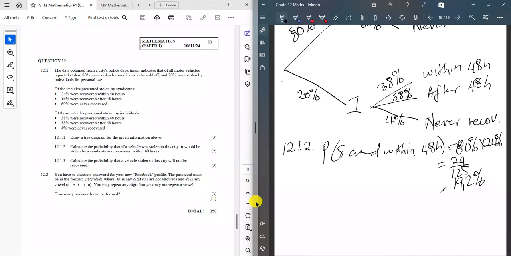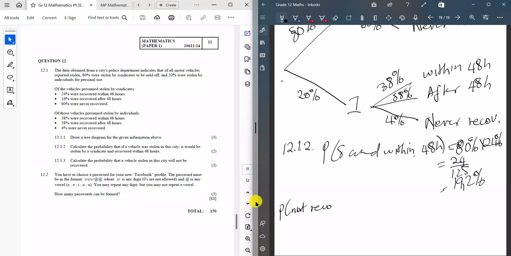Now proceeding, we then say calculate the probability that a vehicle stolen in this city will not be recovered. So this is basically the probability of not recovered.